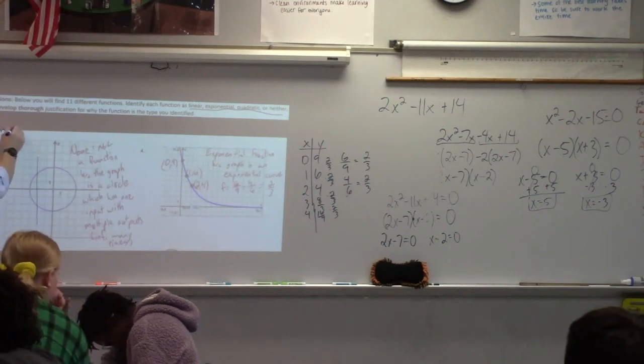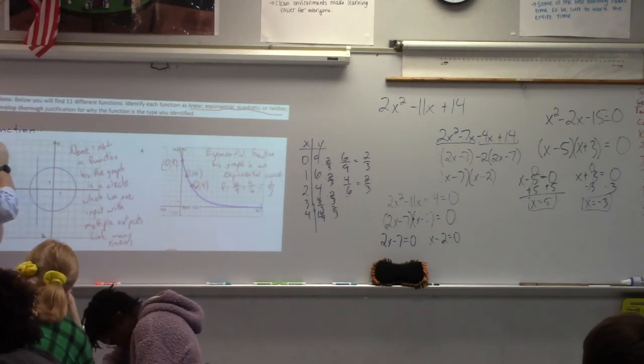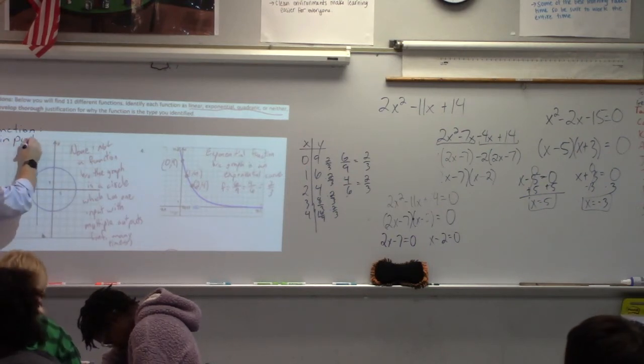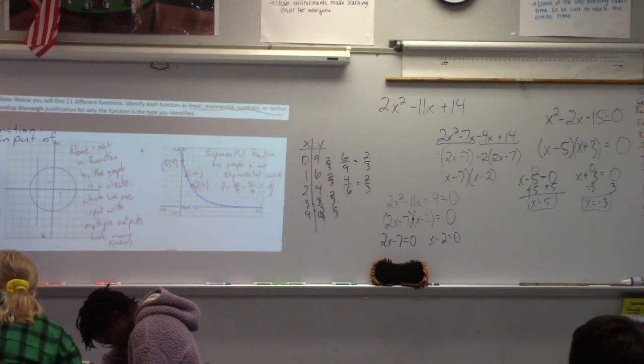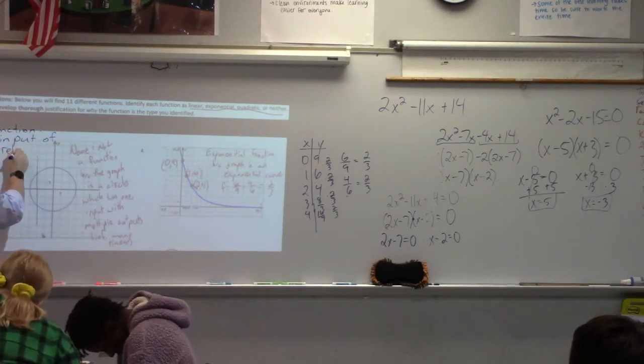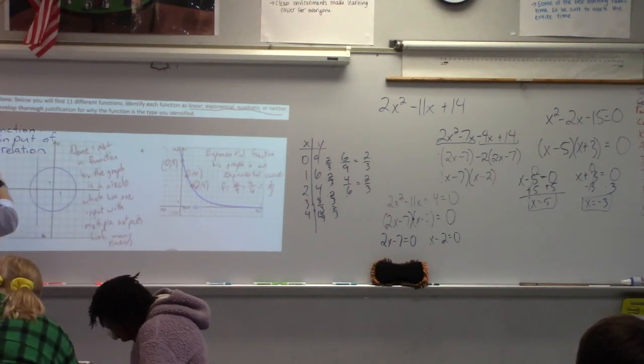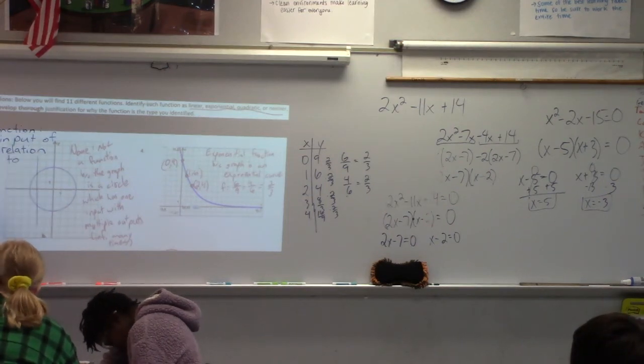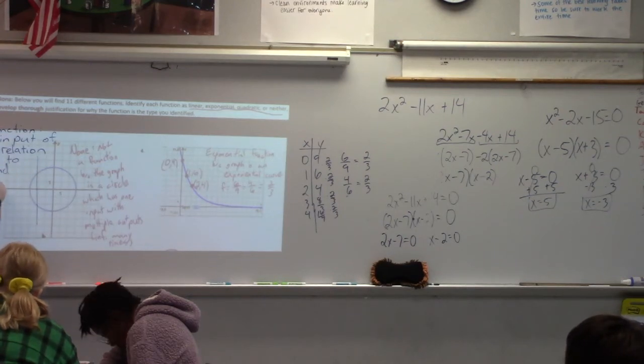Right. Go back to the definition of a function. In order to be a function, each input of the relation, remember all of these are relations, just some of them are also functions. Each input of the relation maps to one and only one output.